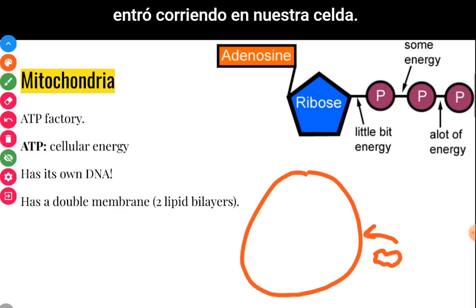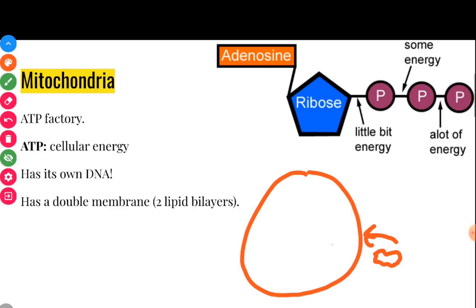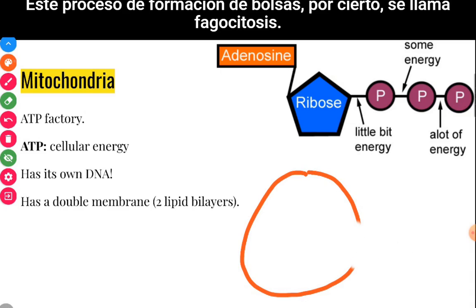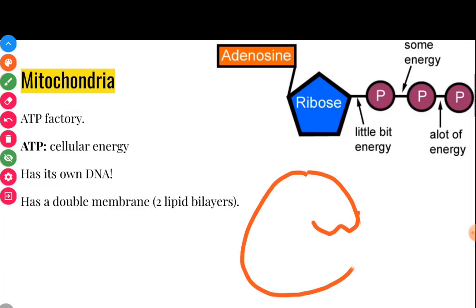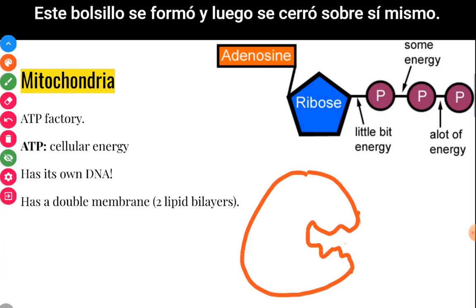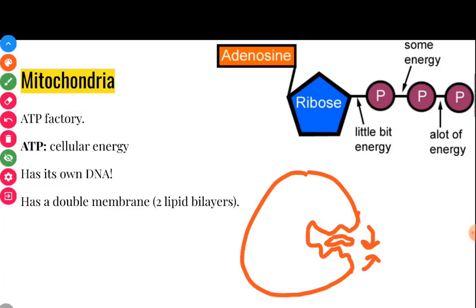It ran into our cell, whereby it created a pocket. This pocketing process, by the way, is called phagocytosis. This pocket formed, and then it closed in on itself.